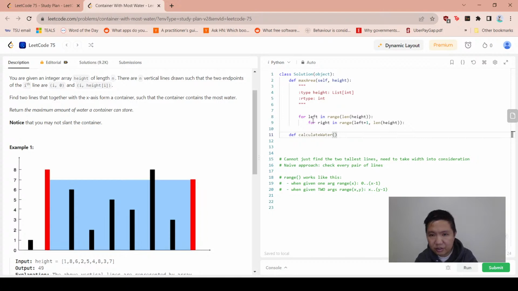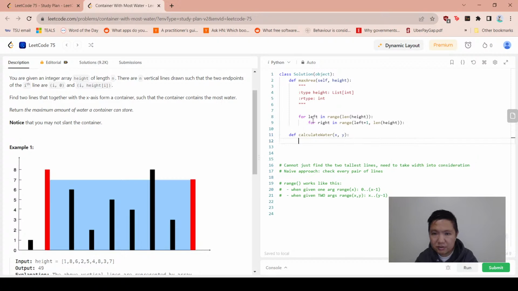Let's just call it calculate water, and it takes 2 numbers, and you want to calculate the water between them. Oh, so it takes 4 numbers: left index, right index, left height, right height.